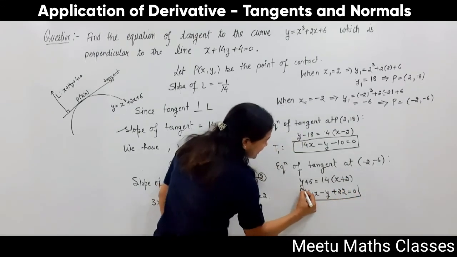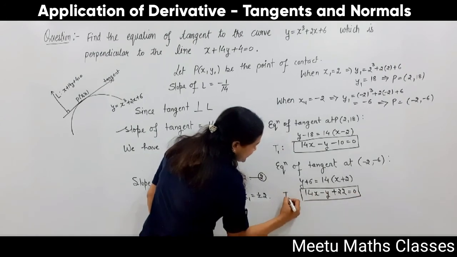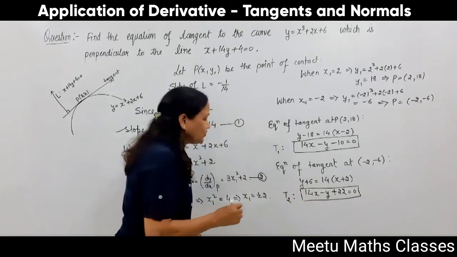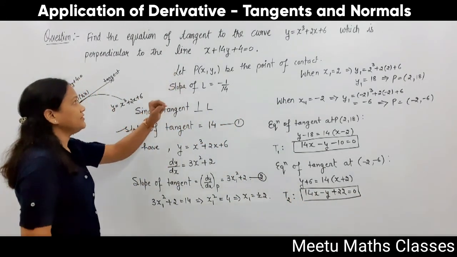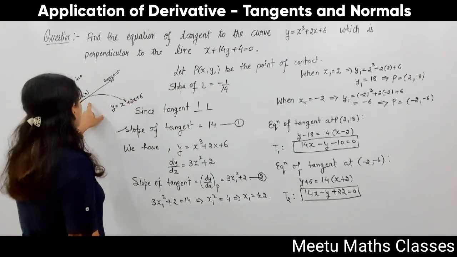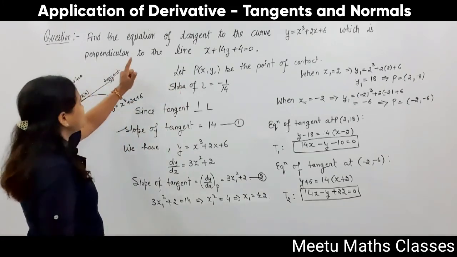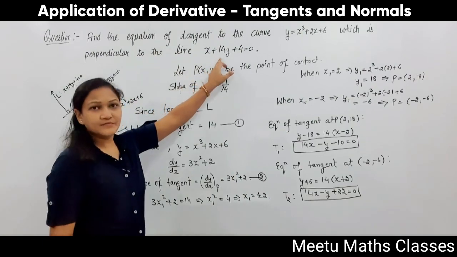So this is another tangent line. So two tangents are possible such that your tangent is perpendicular to this line.